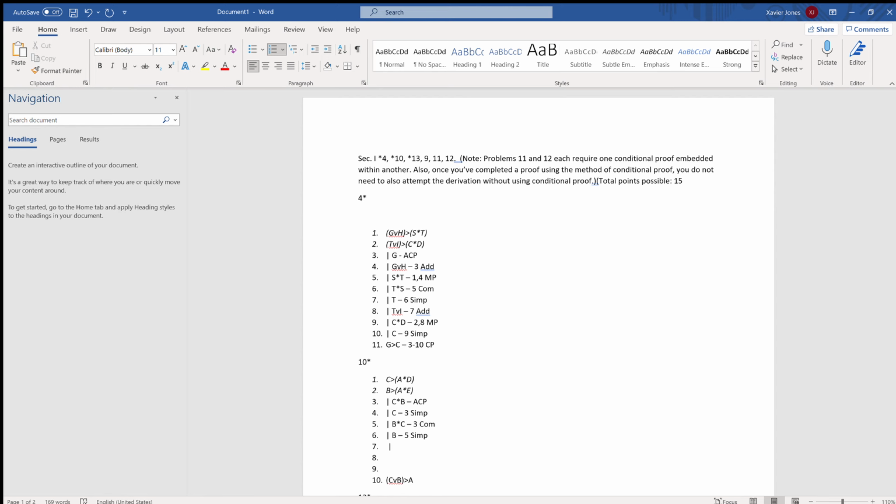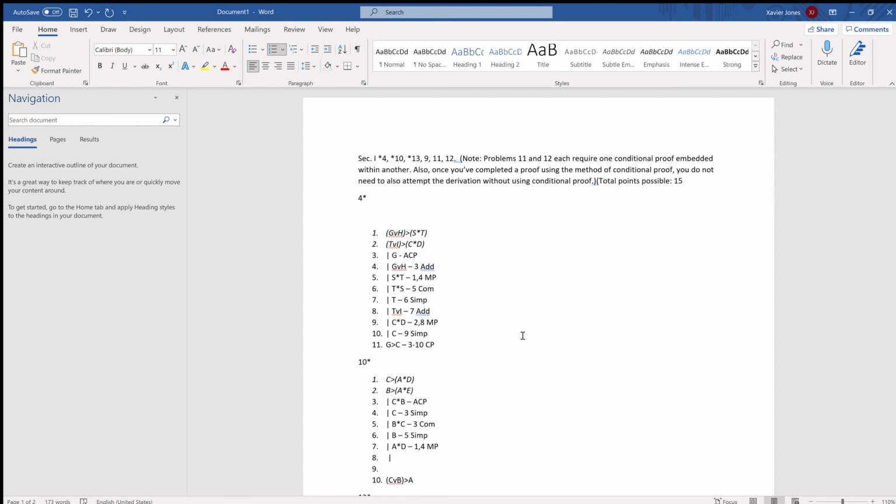Okay. So now we have both C and B by itself. So we can get A and D using lines 1 and 4 modus ponens.